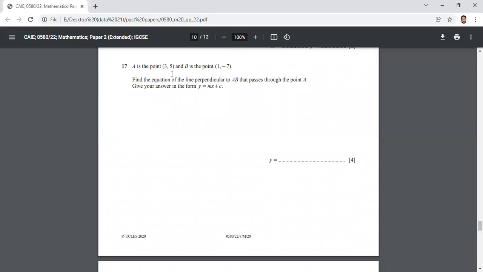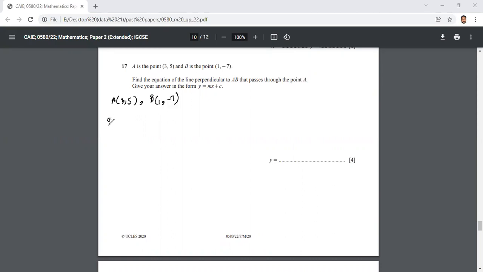So the first thing is we must know the gradient on these 2 points. We know the points are A, which is (3, 5), and B, which is (1, minus 7).